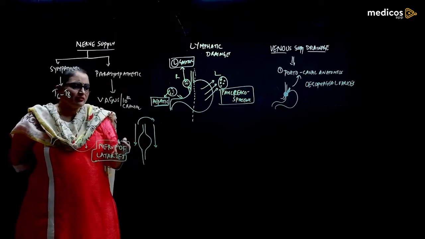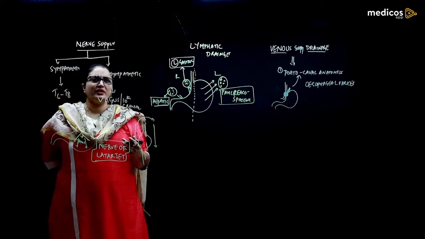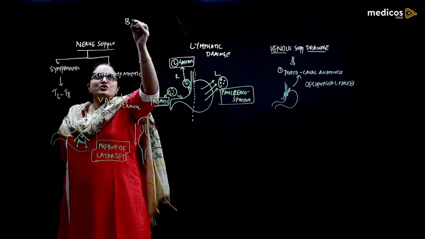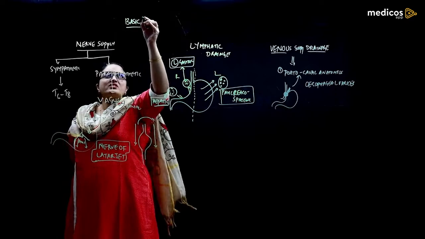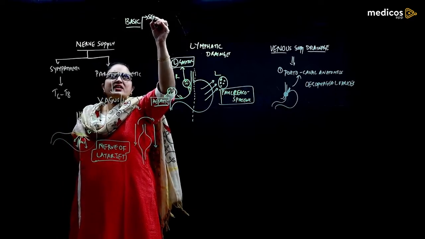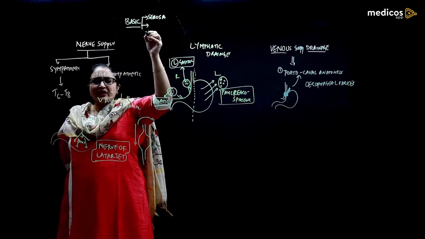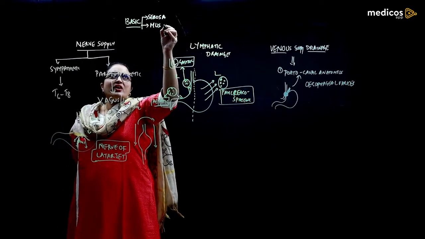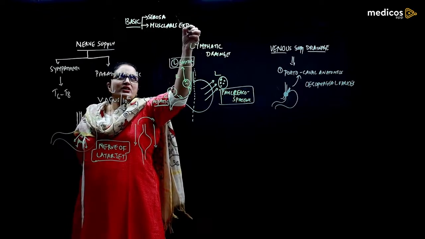If you can appreciate that the GIT right from the stomach has 4 basic layers. The basic build-up of your GIT layers from outside inwards are the serosa, that is nothing but your peritoneum which is covering it. Then after the serosa you have the muscular layer, which you can also call the muscularis externa because it is outer.